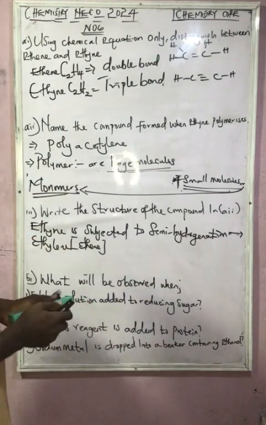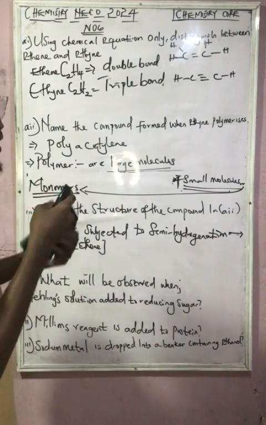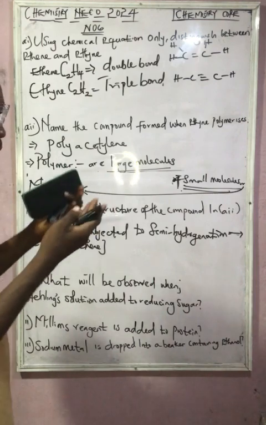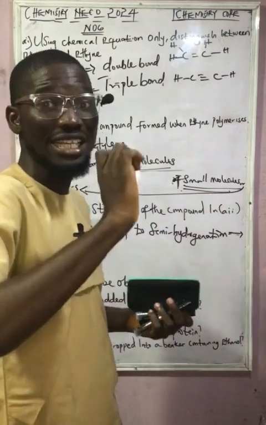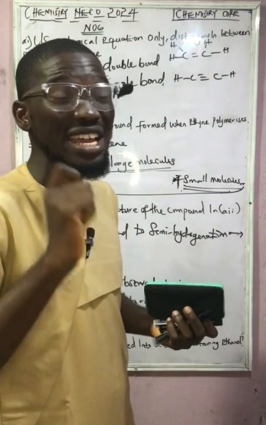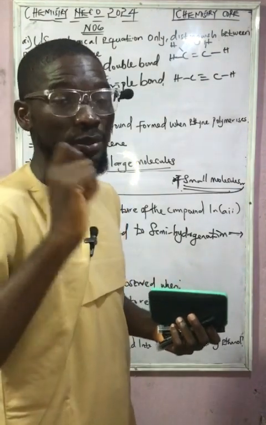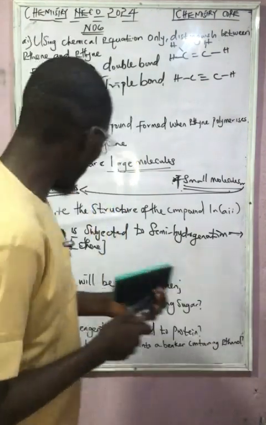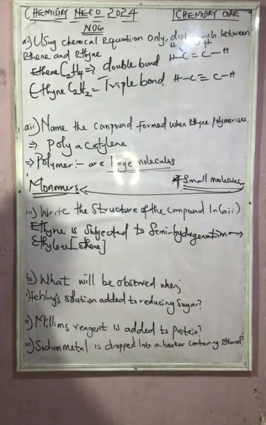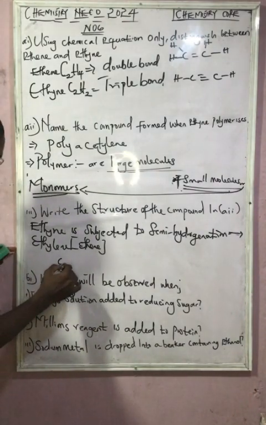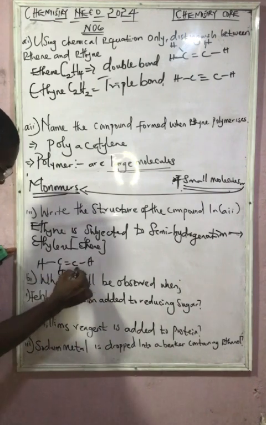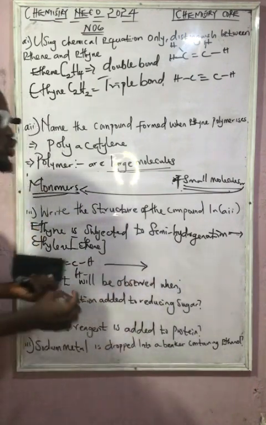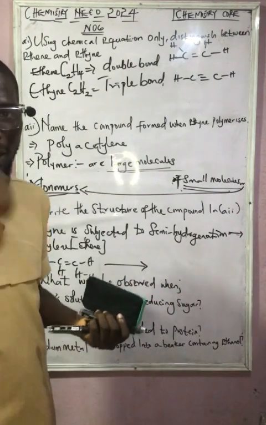So when ethyne polymerizes, are you with me now? There's what we call ethene being subjected to semi-hydrogenation. And when it's being subjected to semi-hydrogenation, we are going to have this. See, double bond, a carbon, hydrogen is here, another one is here. So it is going to form a polymer.